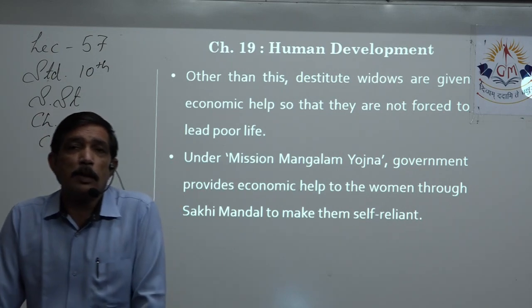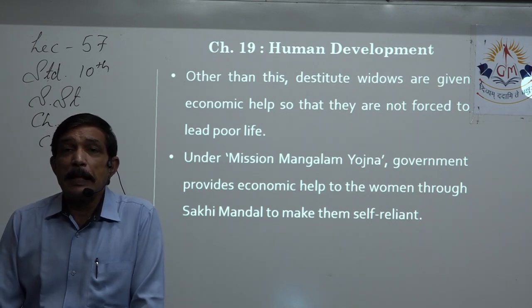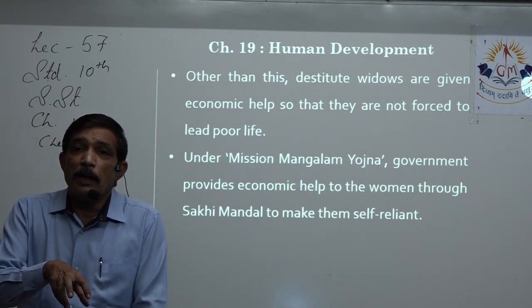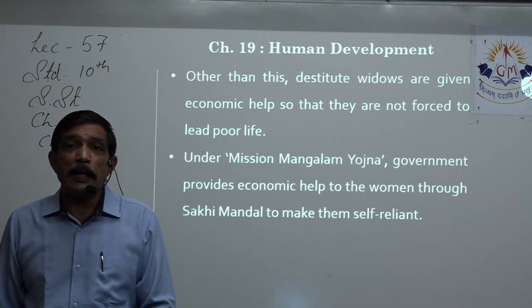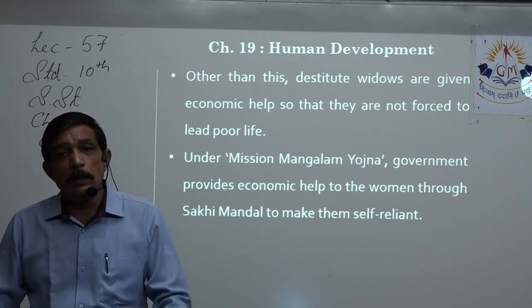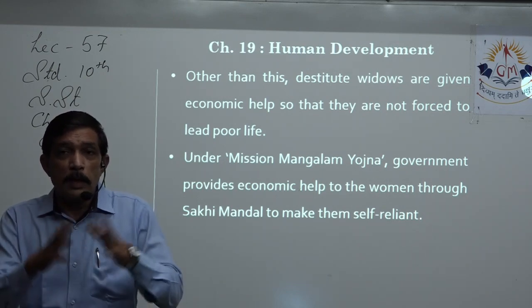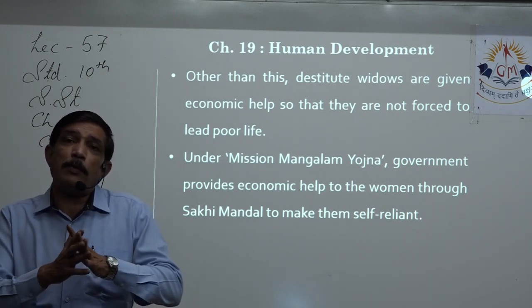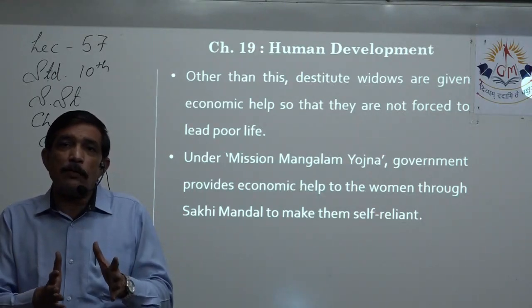They make papad, pickle and household things, that is cottage industry. They can all work together during their spare time and make money for their own bank or their own group, that is that Sakhi Mandal, and the profit can be shared by all the members of the group. That is the basic idea of Sakhi Mandal.